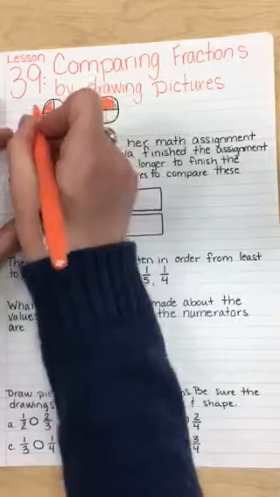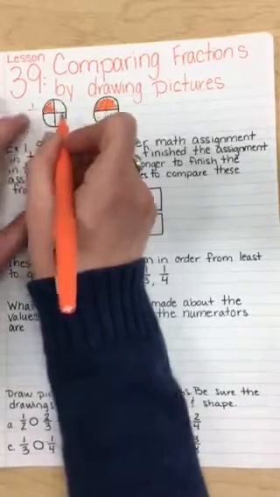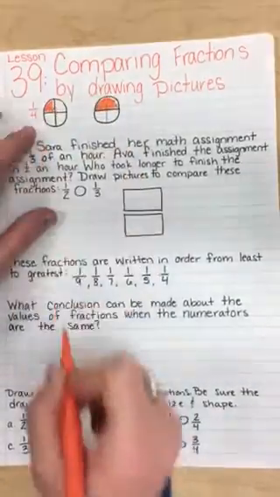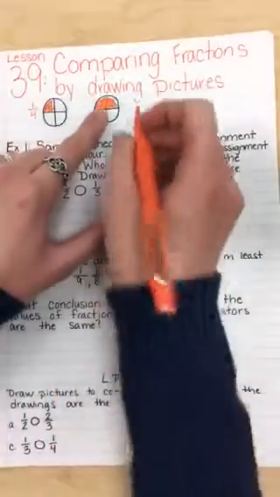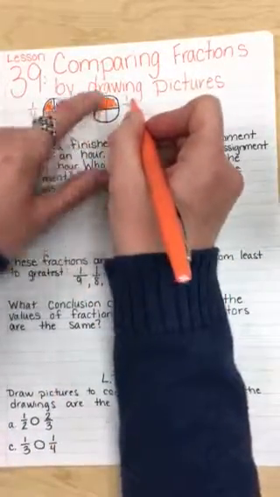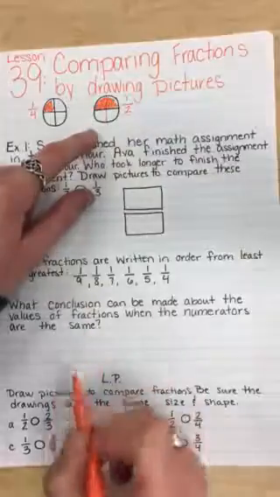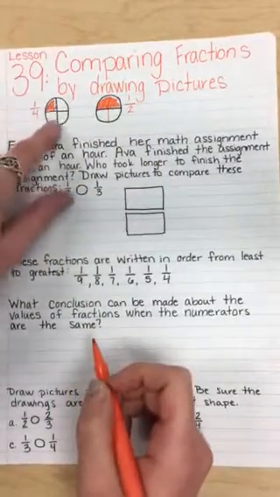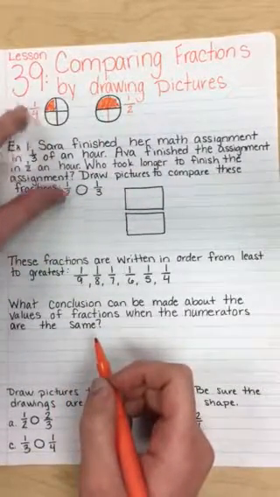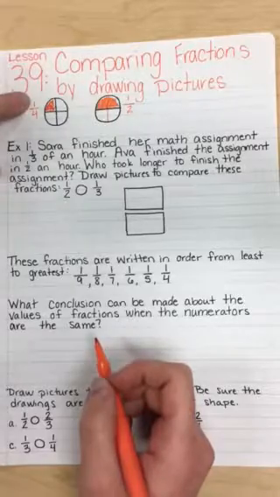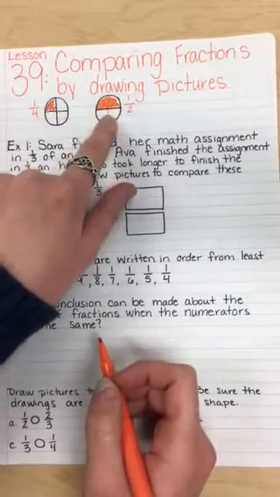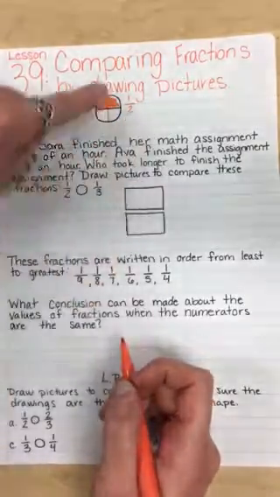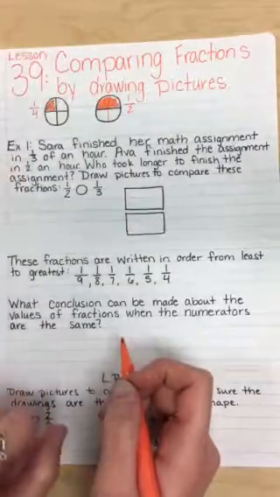And we would write that this is one part of 4 parts that are shaded. And this is one part shaded out of 2 parts that it's divided into, right? So this one's divided into 4 parts, that's our denominator. 1 part is shaded, that's the numerator. This one is divided into 2 parts, so that's the denominator, and 1 part is shaded, so that's the numerator.